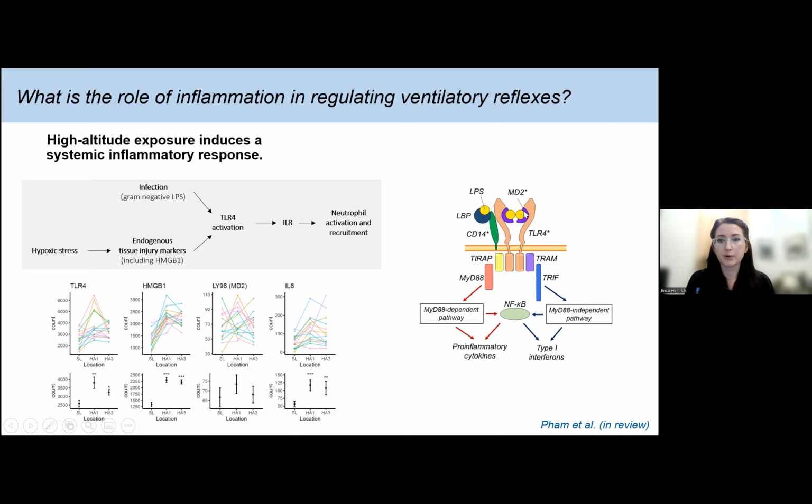We also saw upregulation of MD2, which is a co-receptor that helps bacterial LPS bind. And CD14, another co-receptor, was also upregulated. And then, of course, HMGB1, which is this alarmin. It says the tissue is hurt, we need to respond. That molecule can also signal through this pathway. And you can see that when this becomes activated, you get an increase in pro-inflammatory cytokine production.